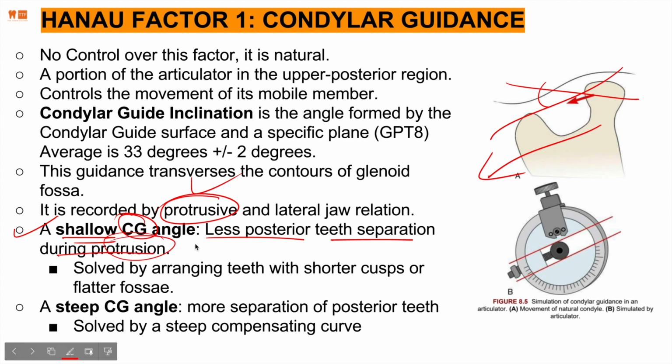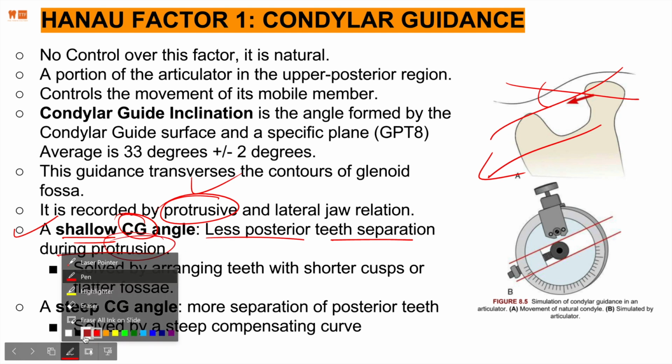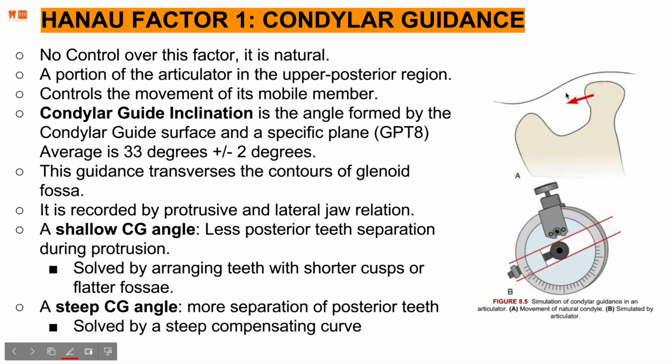protrusion. So imagine if you have a condylar guidance that is not very steep, it's not going like that, right? Where if you move it forward, the anterior teeth will touch and all the posterior teeth will disocclude, right? But instead, you have something that is very shallow. It's moving like that.